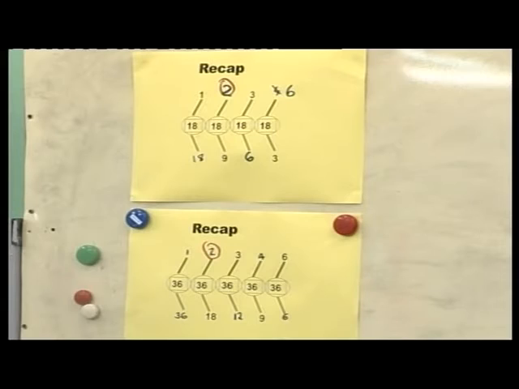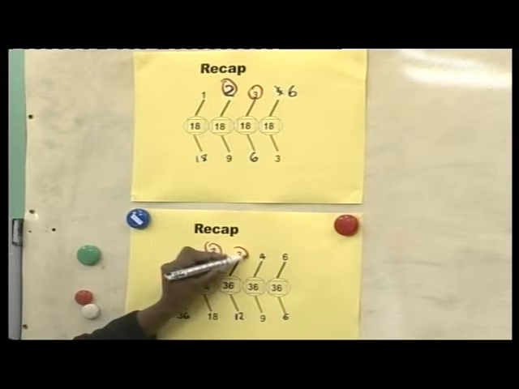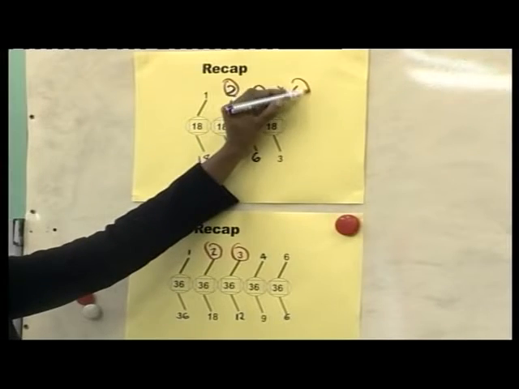Okay, Caro said 3. Let's look at the two charts. Yes, we have 3 from here. Vanessa? 6. Do we have a 6 from both? Yes.